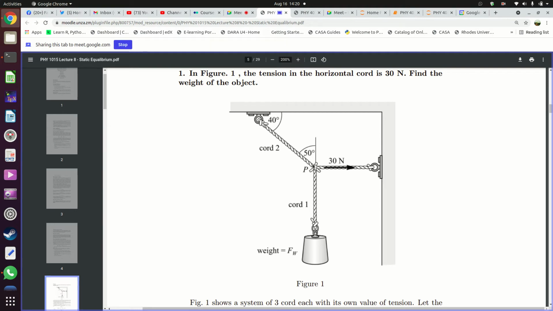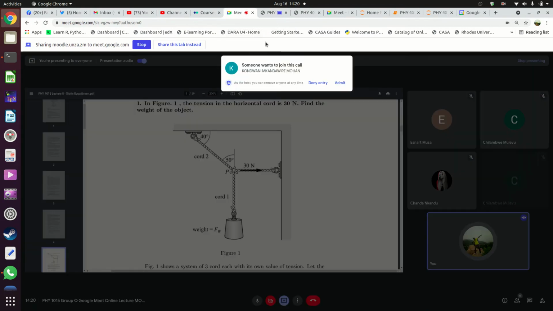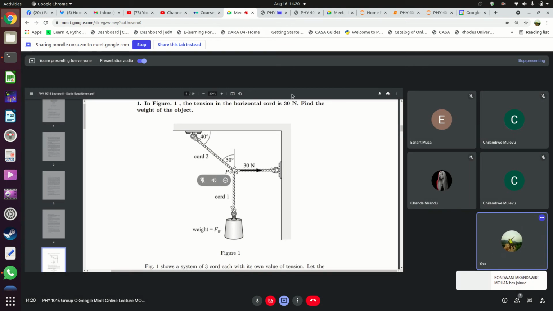With that information, we can try to find out what forces are acting on this point P. There is this one, which we have been told is 30 newtons. There is some other unknown force acting in this direction, and other forces acting in this direction. Okay, are we clear about that? About the fact that there are forces acting in these ropes?